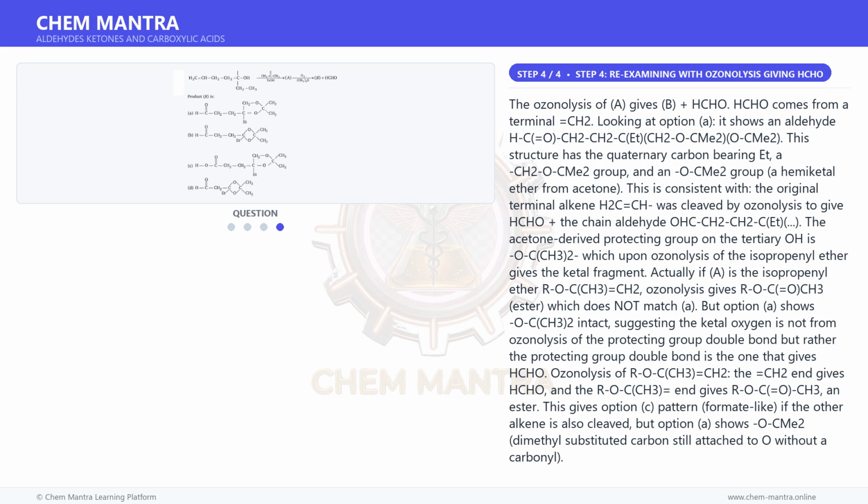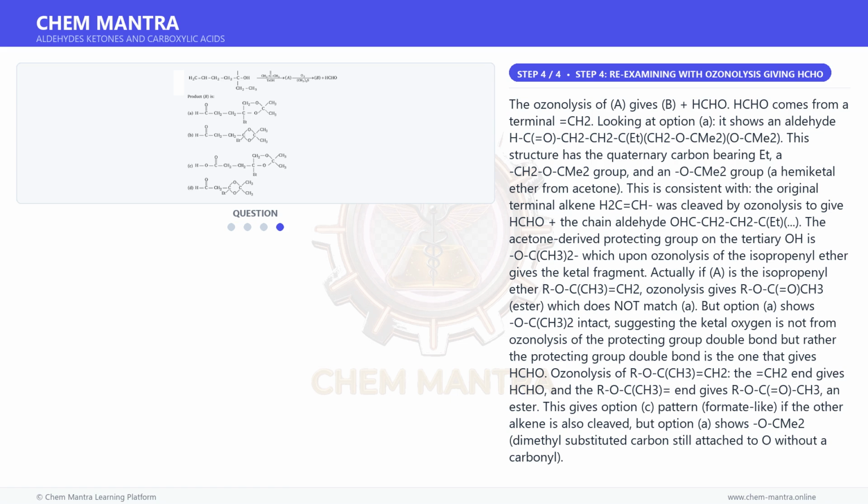Therefore, the starting material must be a 1,2-diol, or at least have a CH2 group alongside the tertiary carbon, H2C=CH, CH2, CH2, C, at CH2, a tertiary diol type, 2-ethylpent-4-ene-1,2-diol, or similar.